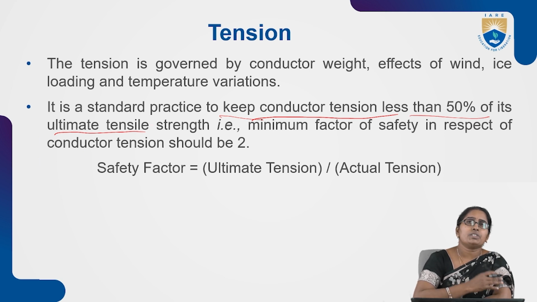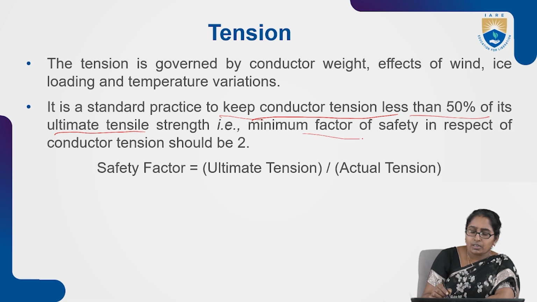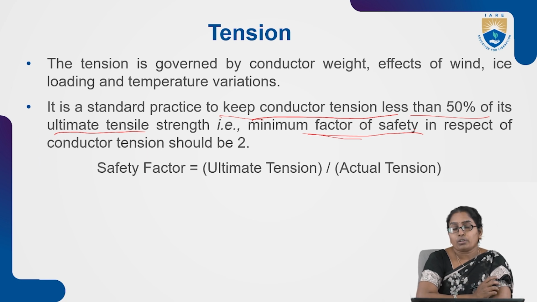So how much tension is the conductor under? It is given by 50% of the ultimate tensile strength of that conductor. Based on that, they defined a factor of safety, and the minimum value of that is 2. That is defined as the safety factor, the ratio of ultimate strength to actual tension.